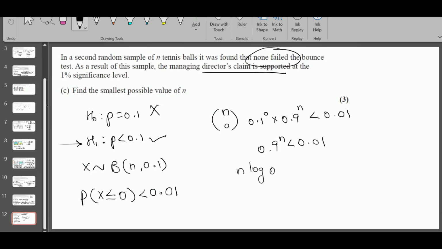Log 0.9 times n is less than log 0.01. When you divide by log 0.9, log 0.9 is a negative number, so you have to flip the sign.